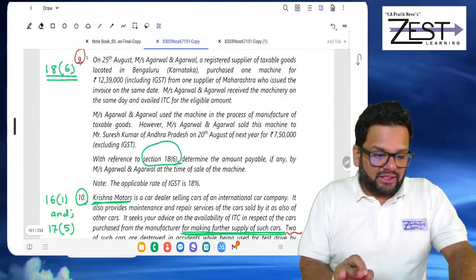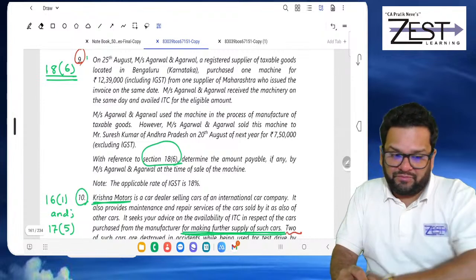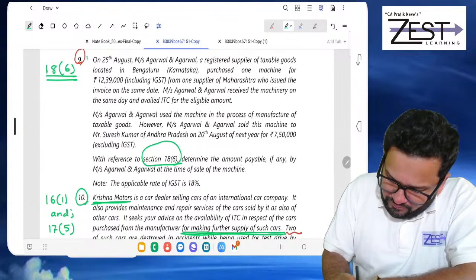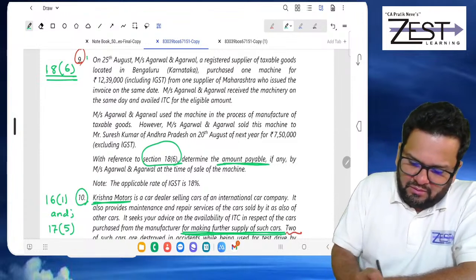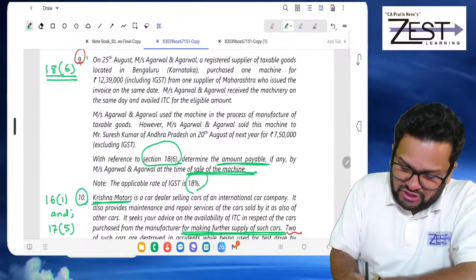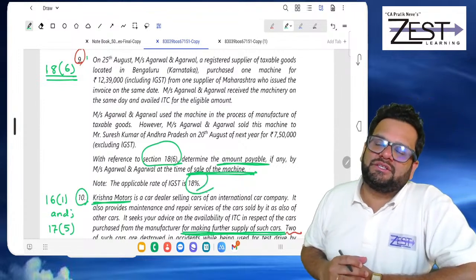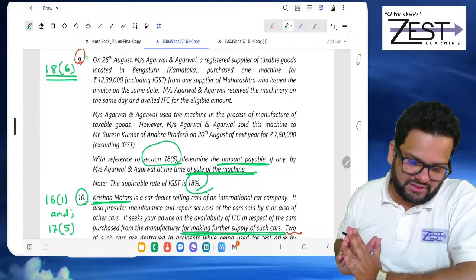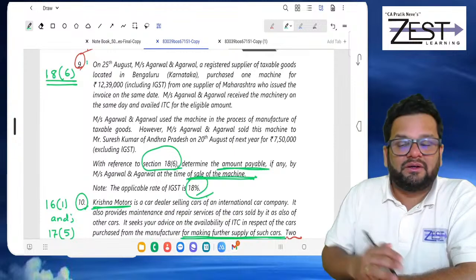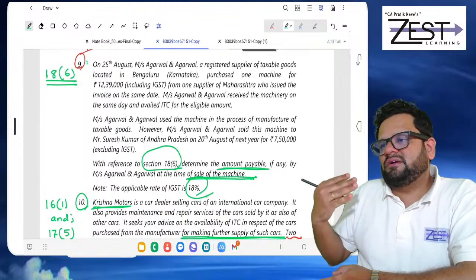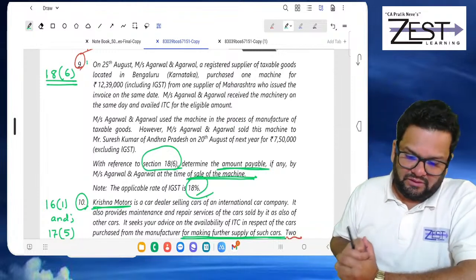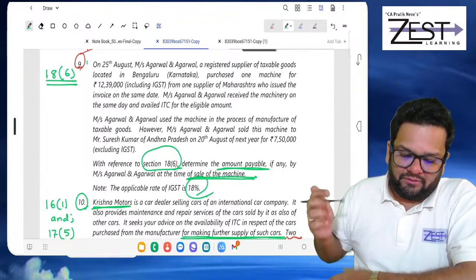With reference to 18.6, determine the amount payable, if any, by the company at the time of sale of the machine where the applicable GST is IGST, which is at 18%. So do you agree that it is a question of sale of capital goods on which ITC has been availed? So what is the total ITC availed?